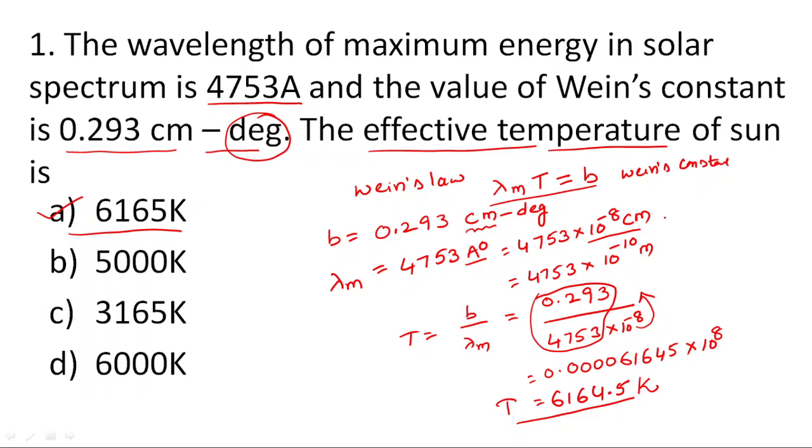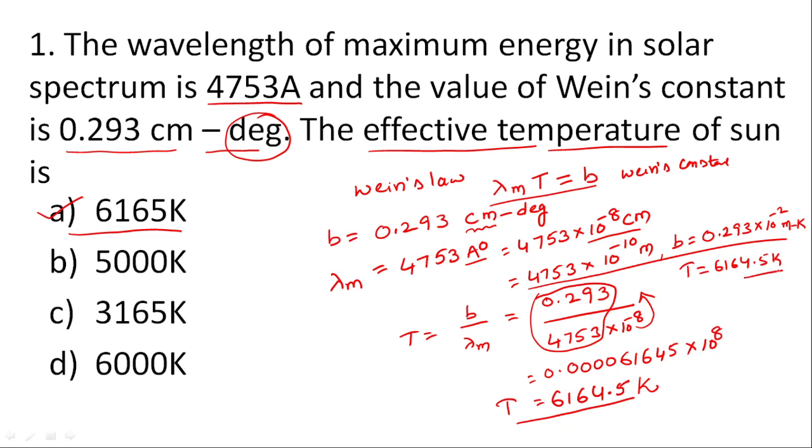Because if you take the b value as 0.293 into 10 to the power of minus 2 meter Kelvin, that is in the MKS system. If you take these two values also, we get the same value of temperature, 6164.5 Kelvin. So here degree means degree Kelvin, not degree Celsius.